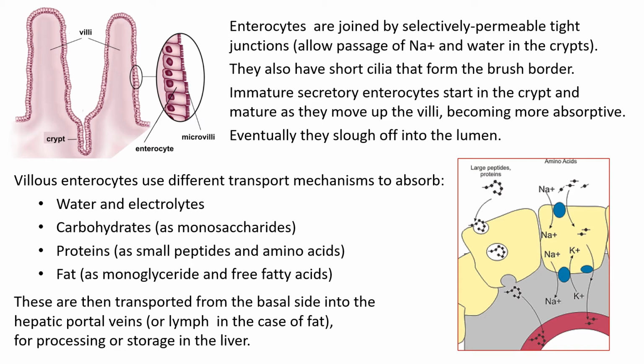The hepatic portal veins and the lymphatics all then go off to the liver. The liver is the next organ along the circulatory pathway, if you like. So they go off to the liver, and the liver's job is then to process or store whatever nutrients we've taken in.